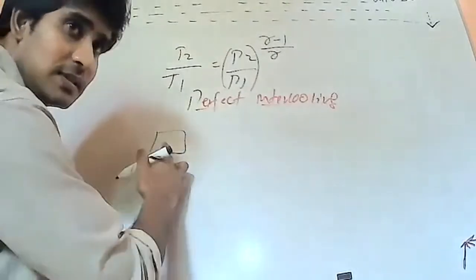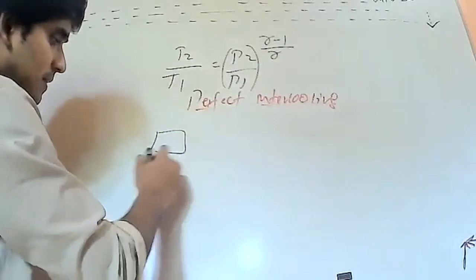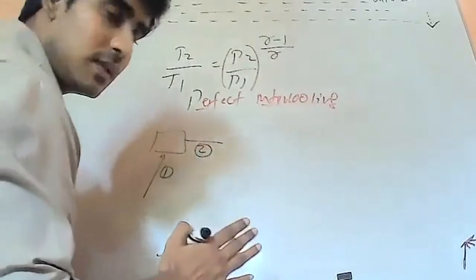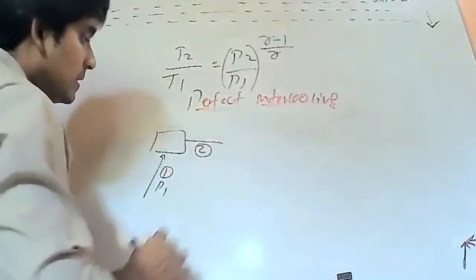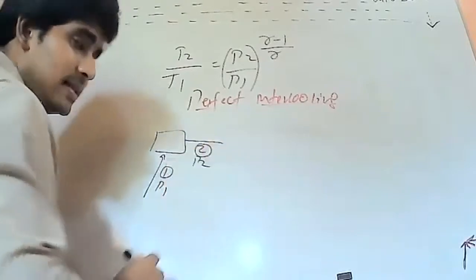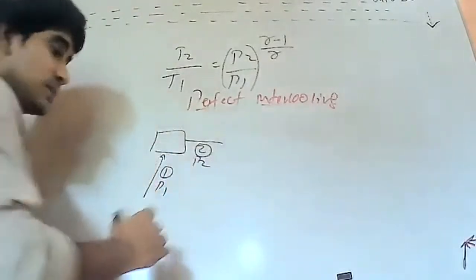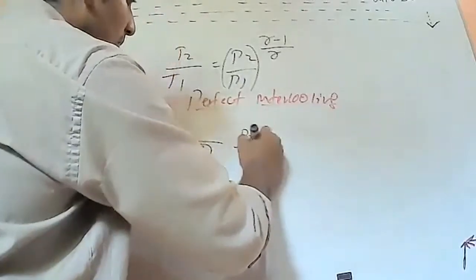Air is given to the first compressor. Carefully focus: air is given to the first compressor, state 1. Then we get the output at state 2. The initial pressure would be P1, then the final pressure would be P2. That is the first compression stage, so the pressure ratio is P2 divided by P1.